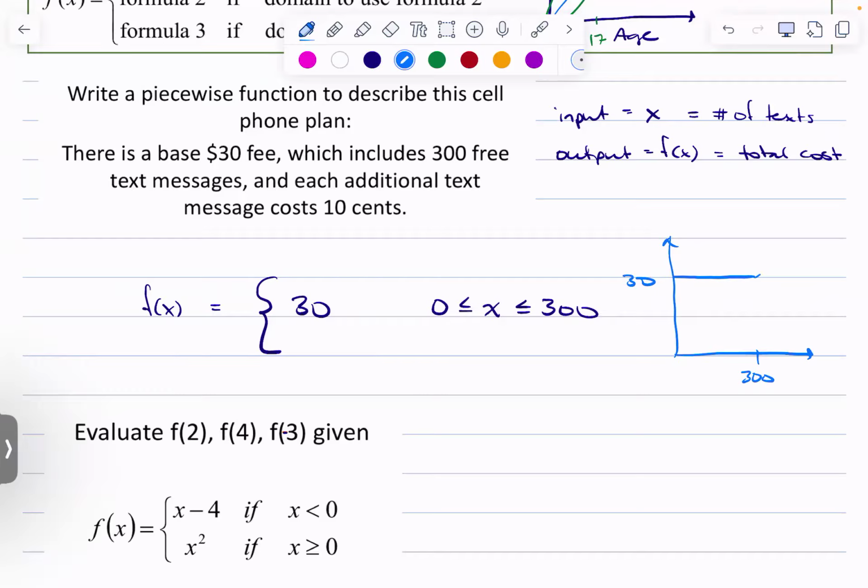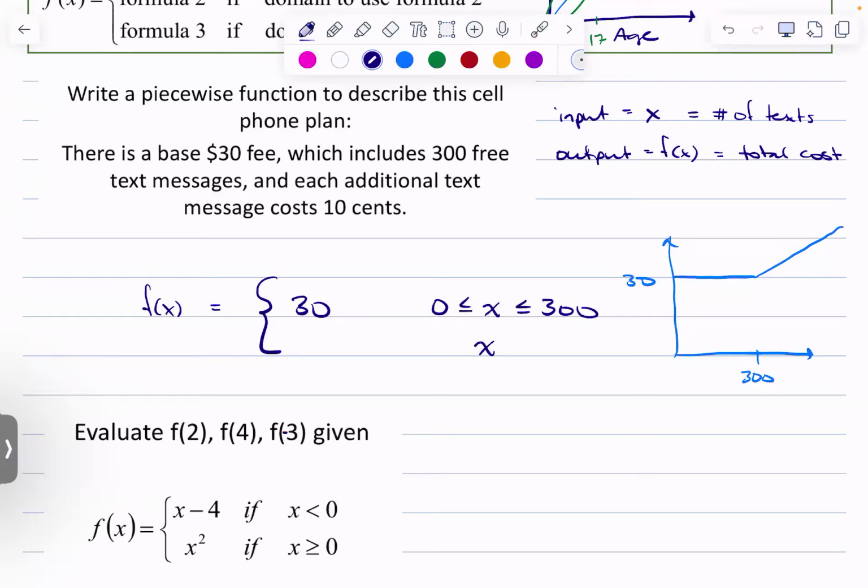Then we start paying per text, right? So how are we going to capture that in the next domain? Well, if x is just greater than 300, not including 300, because we don't want to have any overlap here, then the function will be confused, right? Only one possible output, but that's okay.